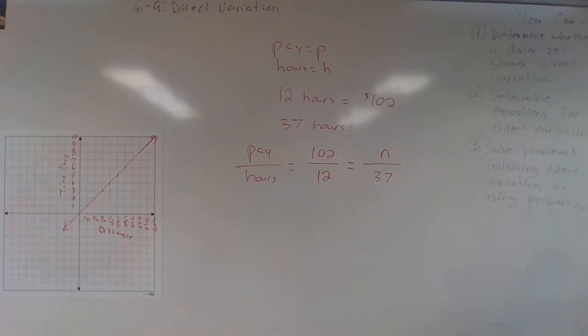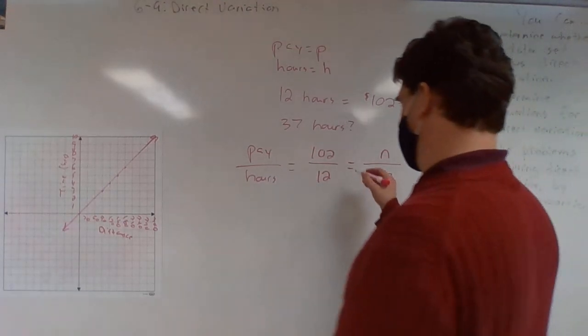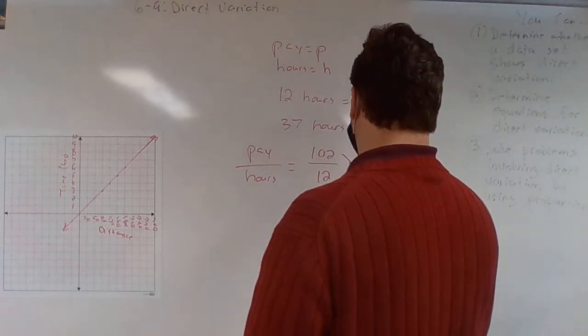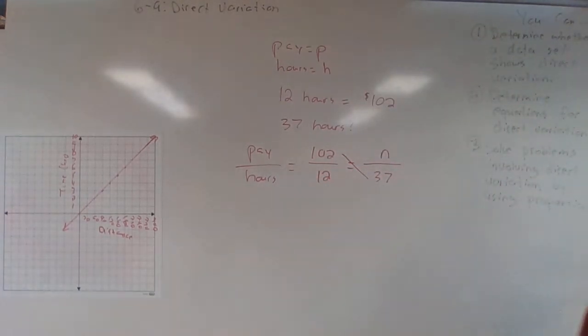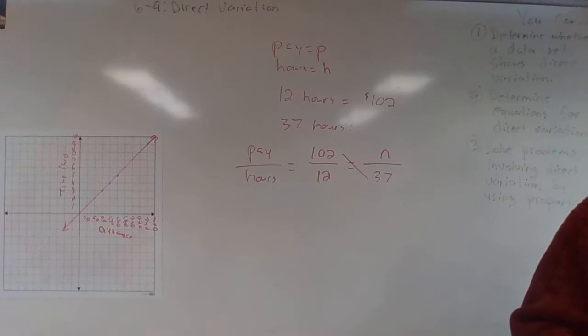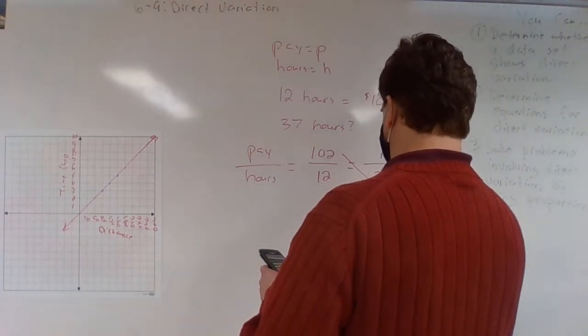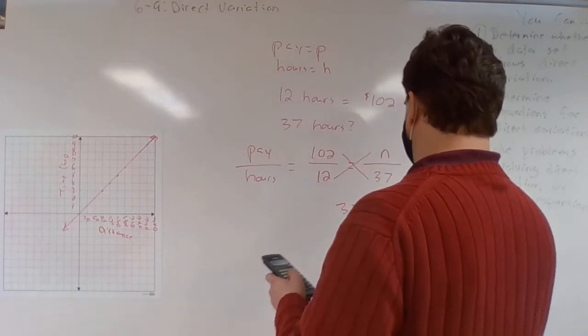So I can use cross products to solve. You know what cross products are? So I multiply 102 times 37. 102 times 37, that's 3,774 equals 12n.